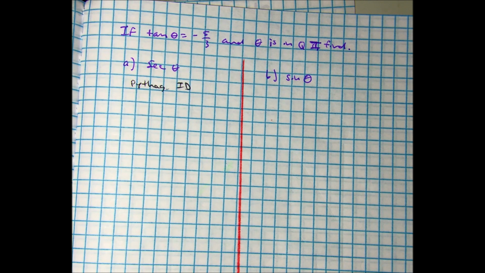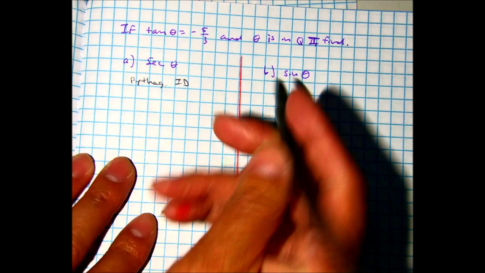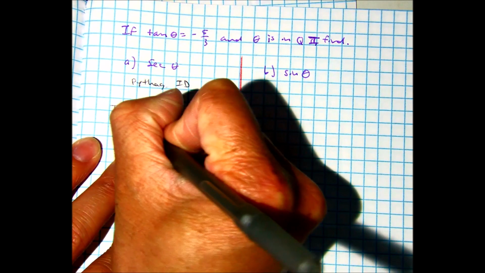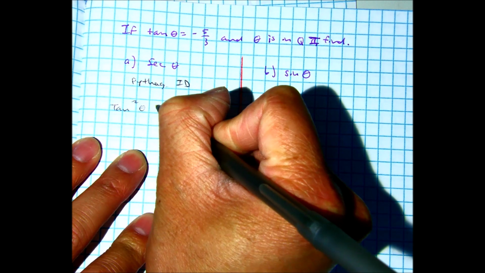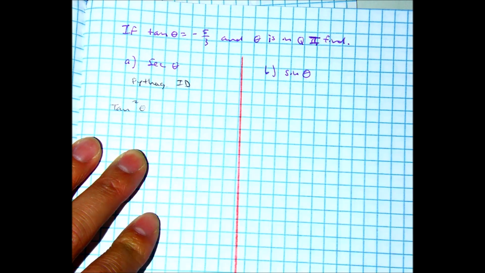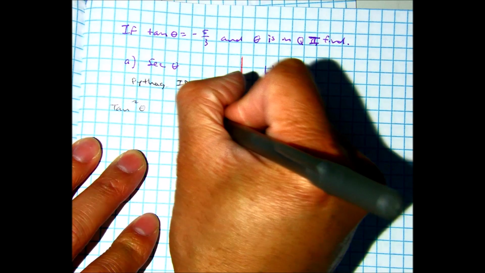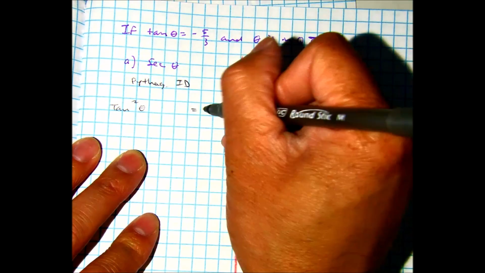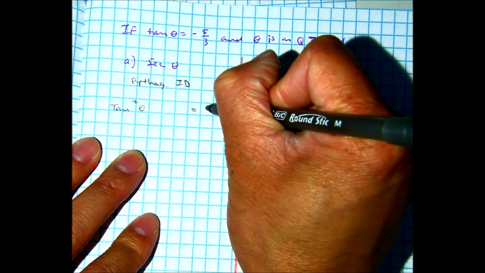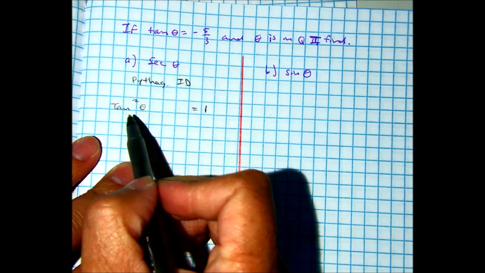Valerie, tell us the Pythagorean identity we're going to use. Tan squared... yes? Can you repeat that again?